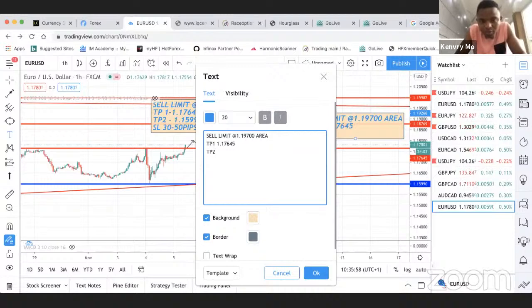TP2 is same area, 1 point... That's close to about 400 pips. Am I correct? 400 pips. 15990. Stop loss is 50 to 100 pips.